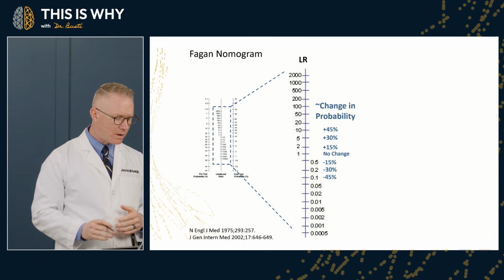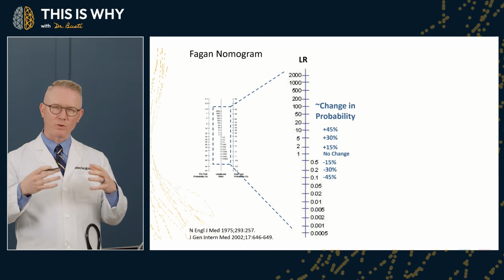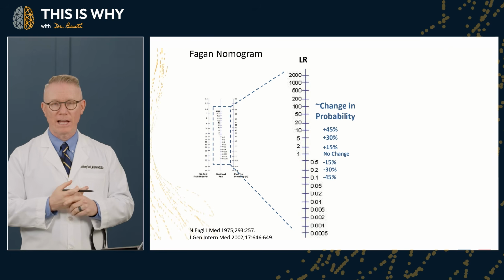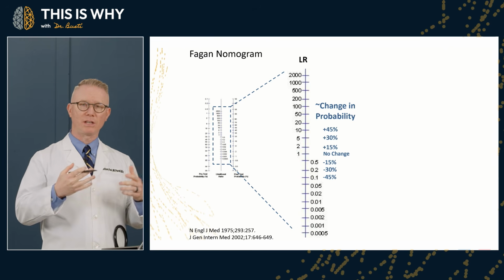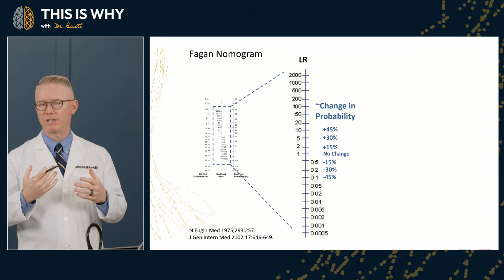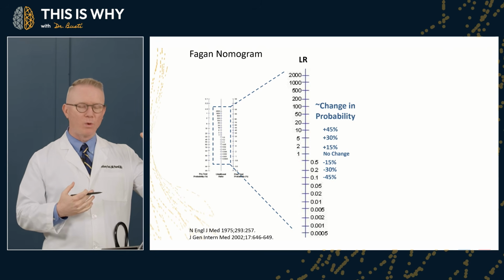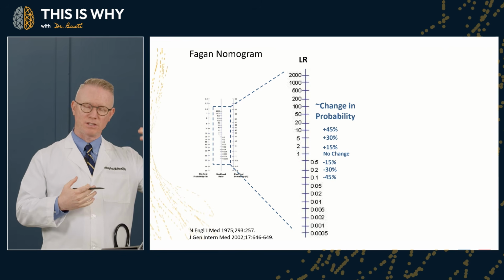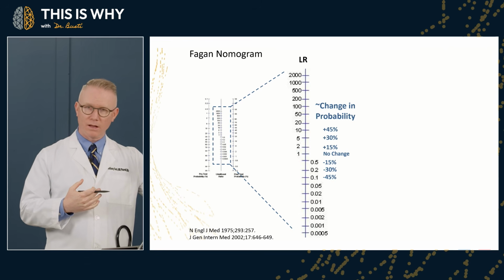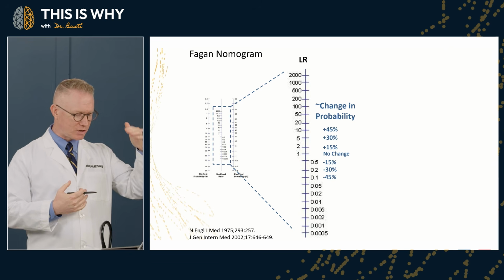Okay? So if we zoom in and look really close at the likelihood ratios, this is looking at each of these levels, what is the change in probability? And so as you go above 1, you see that the percent is increasing, 15, 30, 45% at each of those levels.